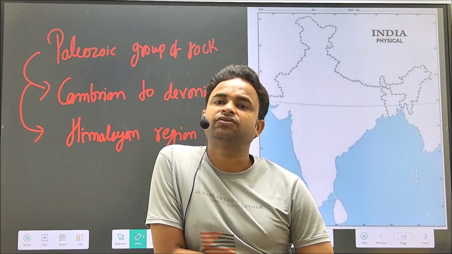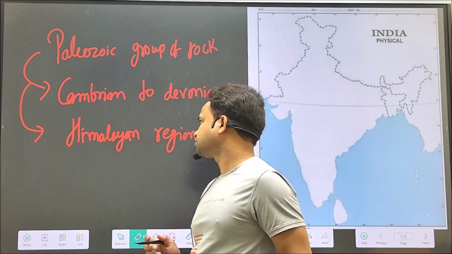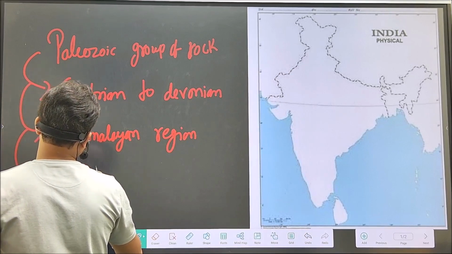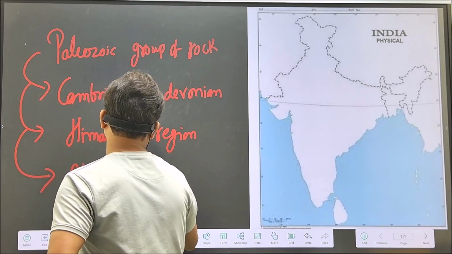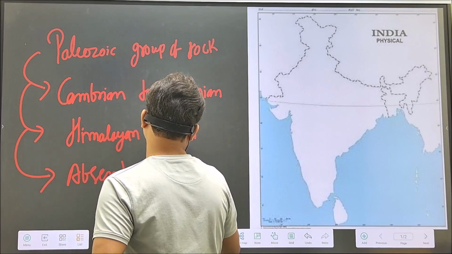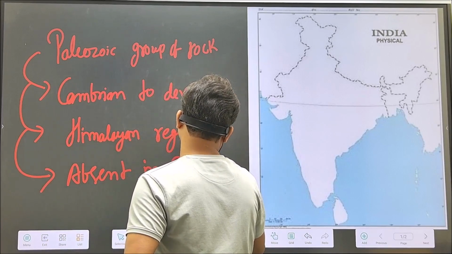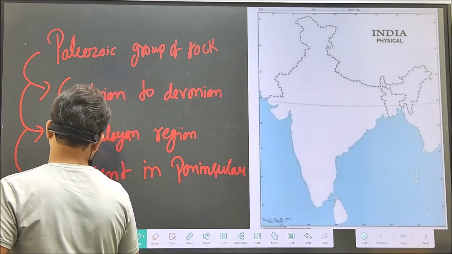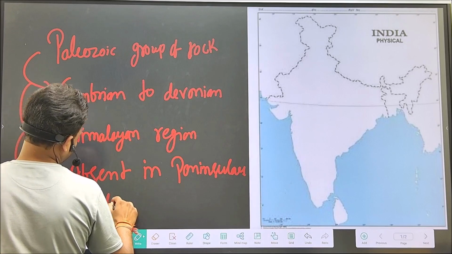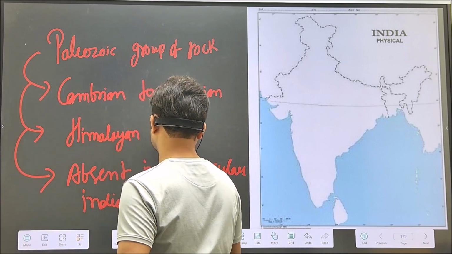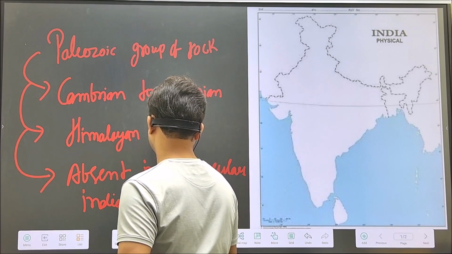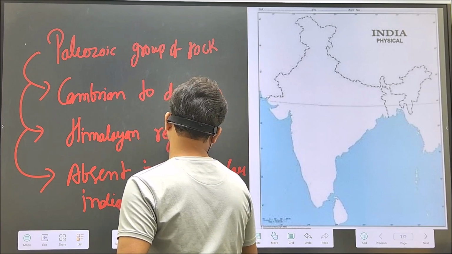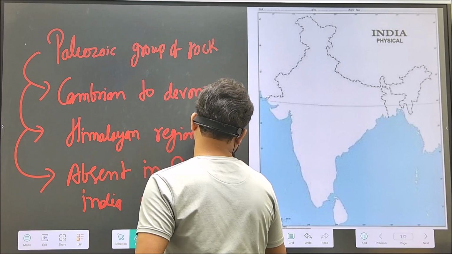Those are witness for some events and activities absent in peninsular India, except Rewa and Umaria.